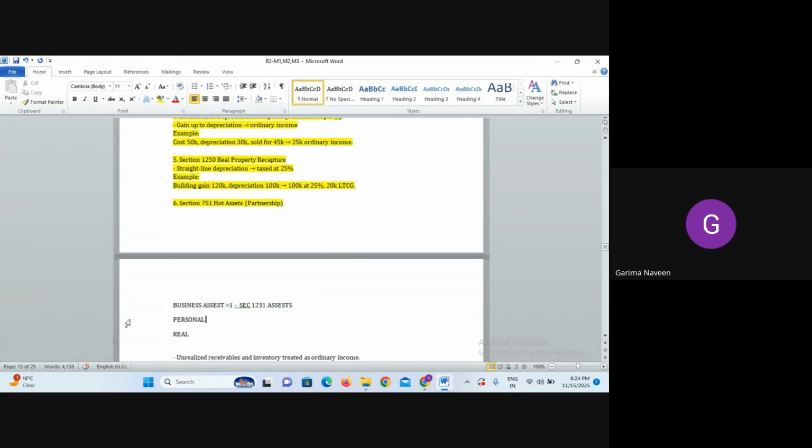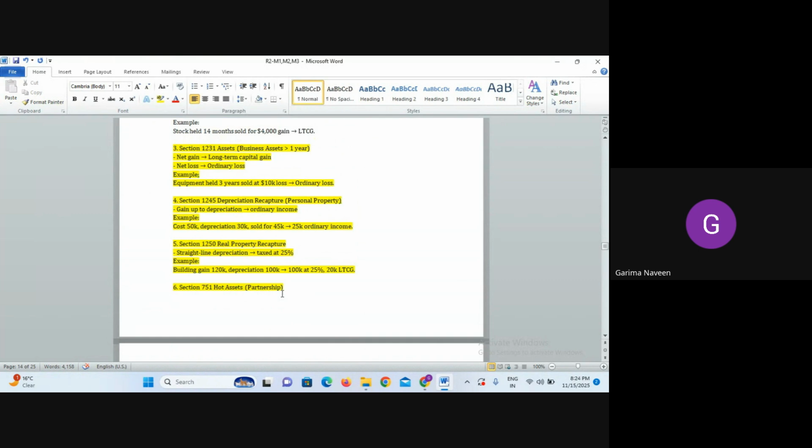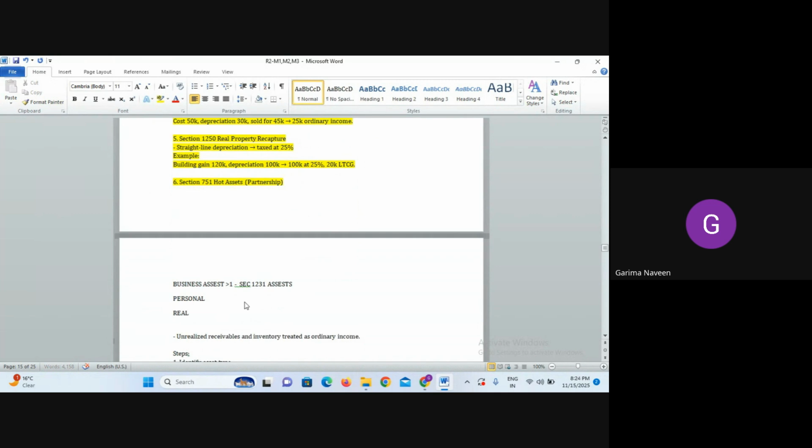These section 1231 assets are classified into two categories, personal and real. Personal comes under section 1245, and your real property, which is your land, building, anything that is fixed to the land, comes under section 1250 assets.